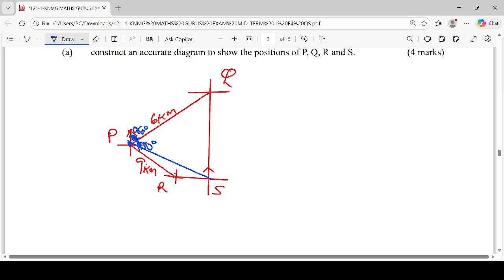First you join Q to R. Allow me to join Q to R. Then a point equidistant from these 2 points is simply found by bisecting this line, anywhere that way.